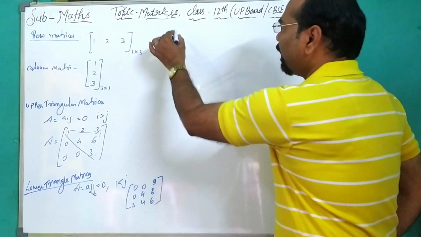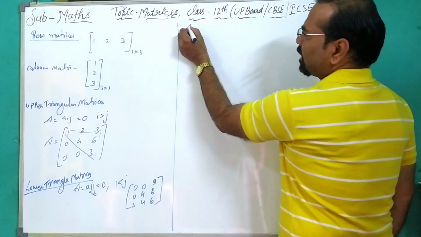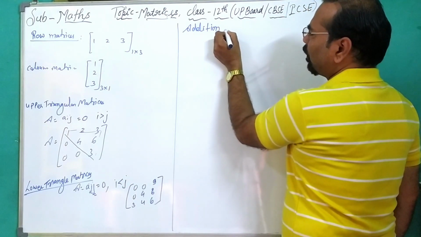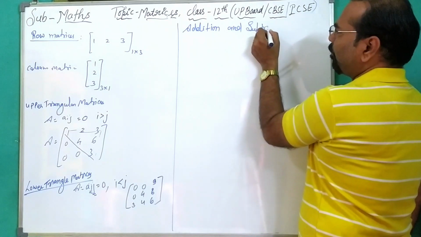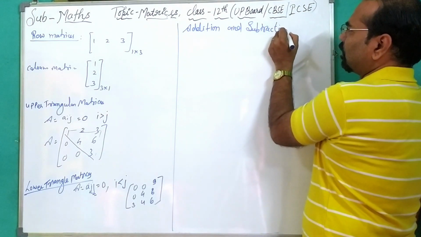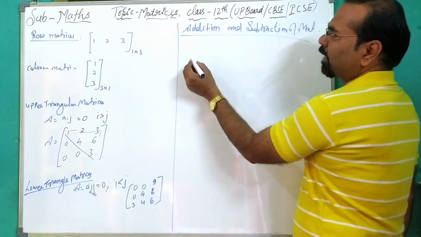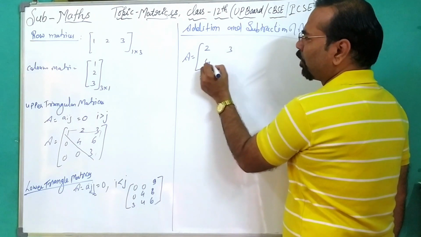Now we have to find the addition and subtraction of matrices. What is the addition and subtraction of matrices? Suppose a matrix A is given as 2, 3, 4, 6.